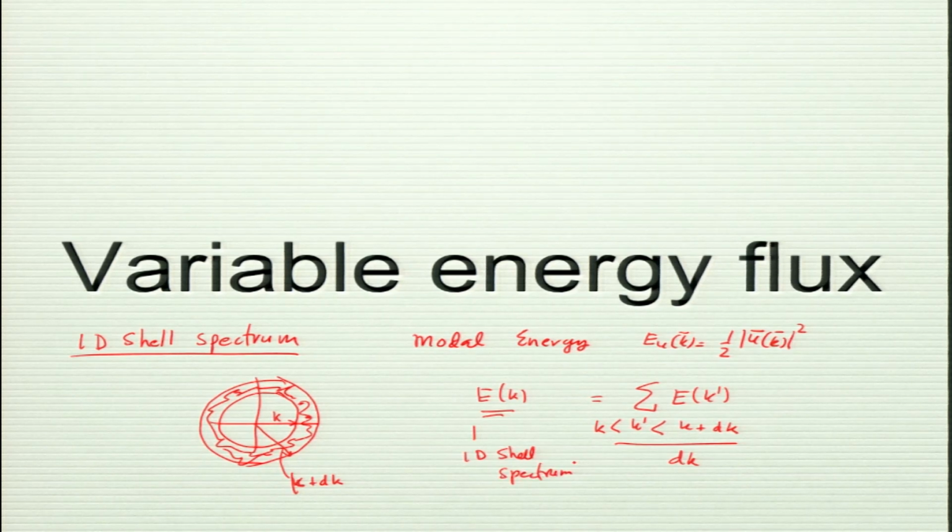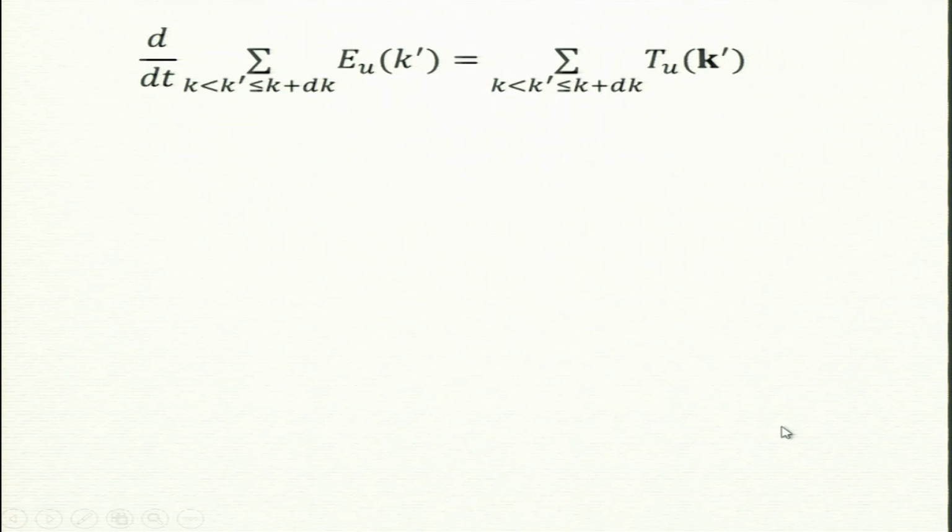In computer simulation, we make dk as 1, so the shell thickness is 1, but we keep it arbitrary right now. Instead of summing from 0 to k naught or k naught to infinity, we will now do the sum of E_k'. This is the 1D spectrum, so it is not a vector anymore; it is a scalar, a function of the magnitude of k.